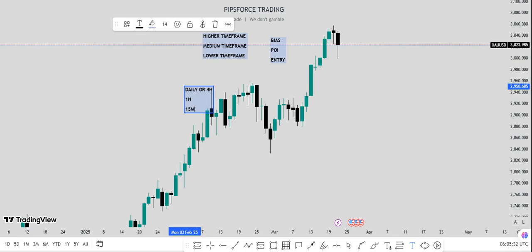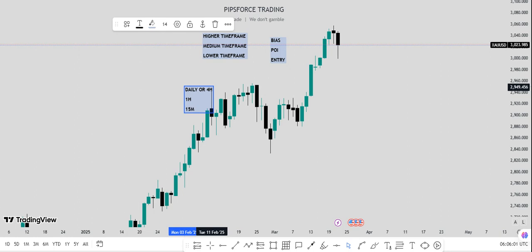But in this particular video, we are going to use only the 4 hour as our high time frame, the 1 hour as our mid time frame, and the 15 minutes as our entry time frame. So let's dive into the chart to see how we can literally apply this.